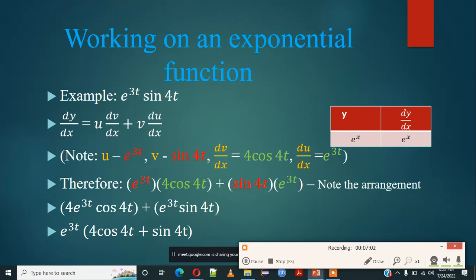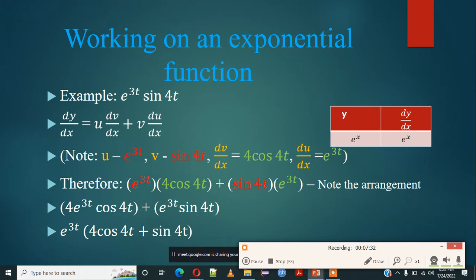And when you look at the table, you will see that when you differentiate exponential x, it just remains exponential x. And therefore, when we differentiate exponential 3t, it remains exponential 3t. Now, our u will be exponential 3t, v is sin 4t, dv over dx will be 4 cos 4t, that is using the previous table, and du over dx will be exponential 3t.